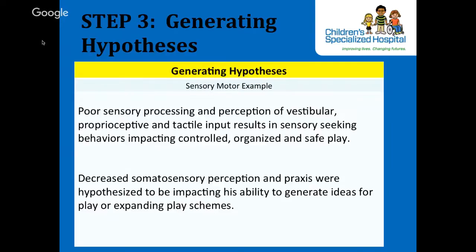Our sensory example: we're hypothesizing that poor perception of vestibular, proprioceptive, and tactile input, which is your proximal, is resulting in seeking behaviors that impact participation in play, your distal. The hypothesis statement guides the intervention approach to ensure that the intervention is individually tailored to the child's need and participation-based outcomes. The hypothesis goes into column 3.